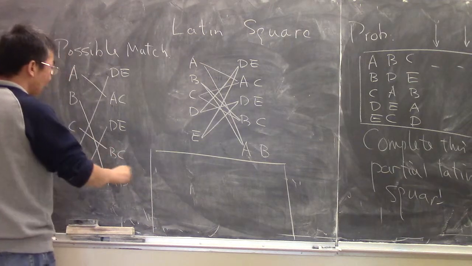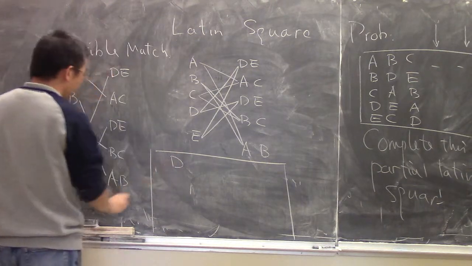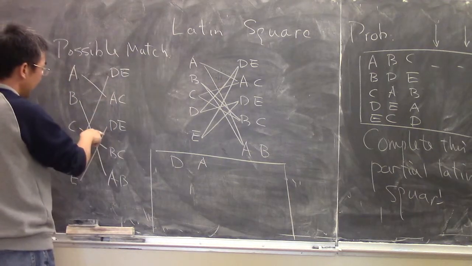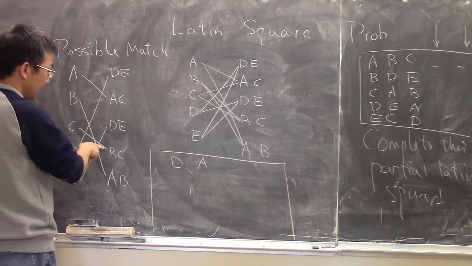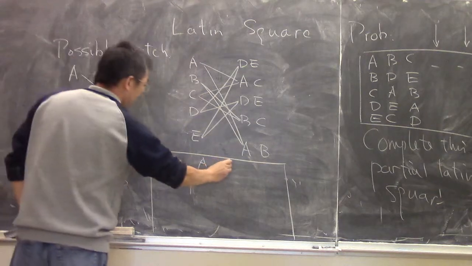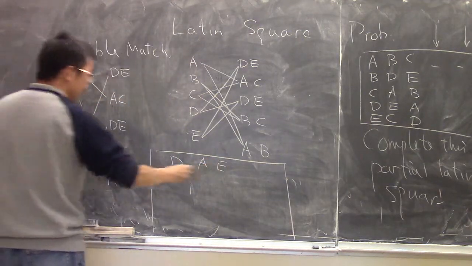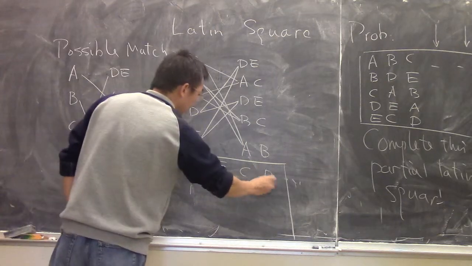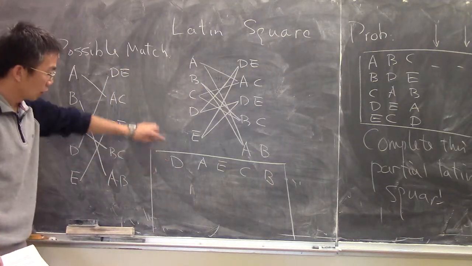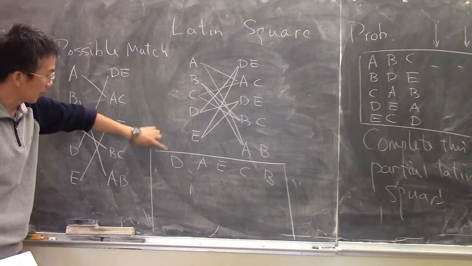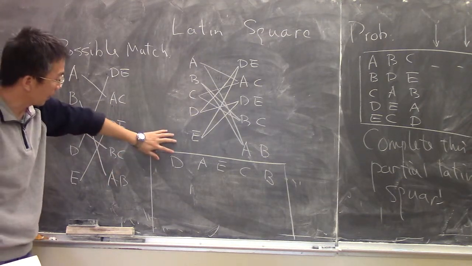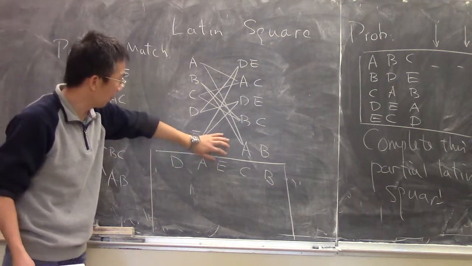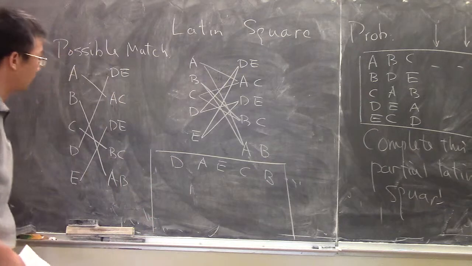So one quick way I can write it out is D, A, E, C, B. So that's one match. This means I pick D from the first one, A from the second one, E from that one, C from there, and B from there.